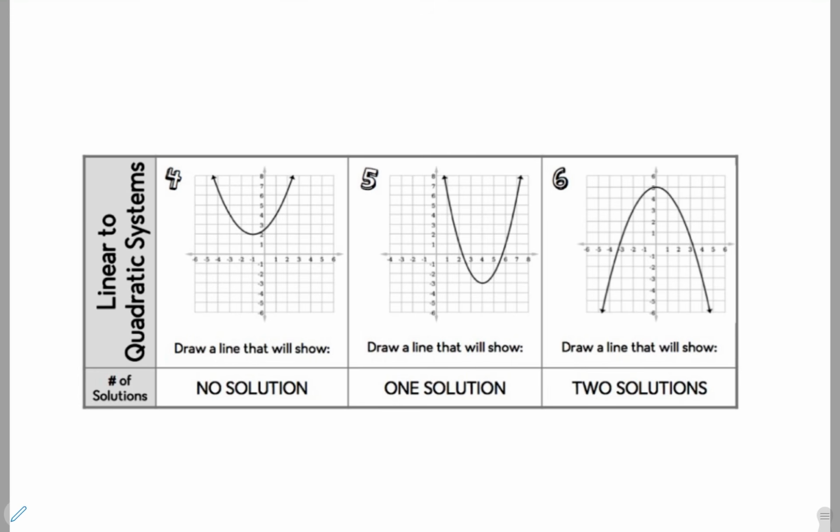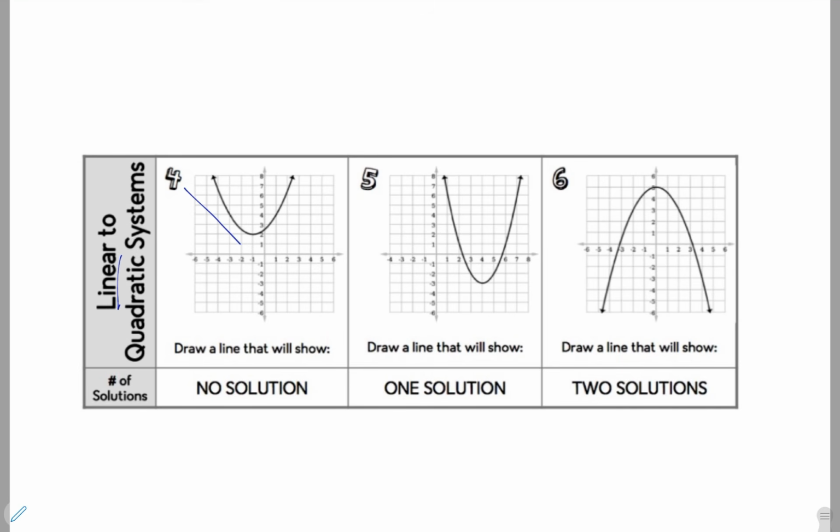Right here, we got the quadratics. I'm going to draw a line for the quadratic situation. Right here, a no solution is when the two quadratics never touch. Oh my God, this says linear to quadratic, so ignore that line I just made.